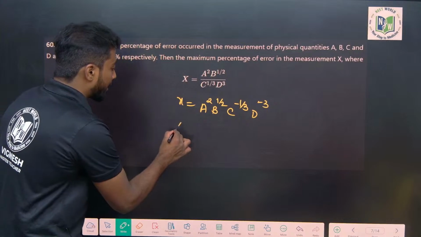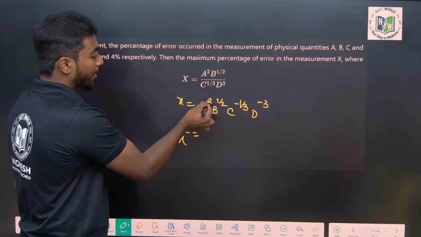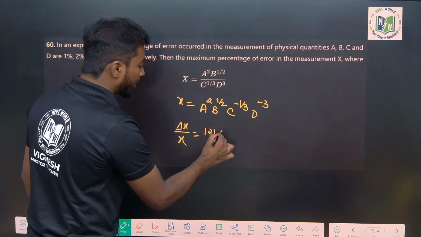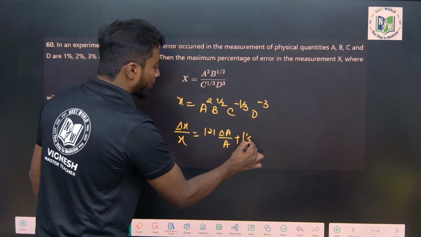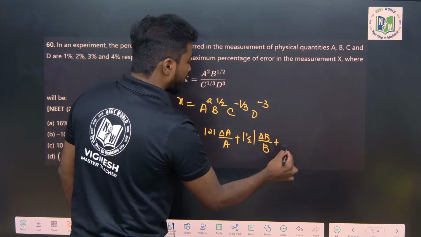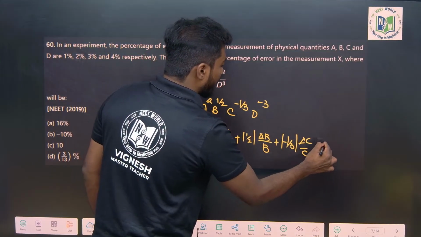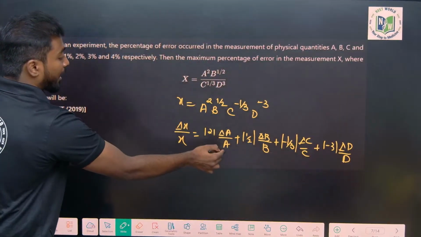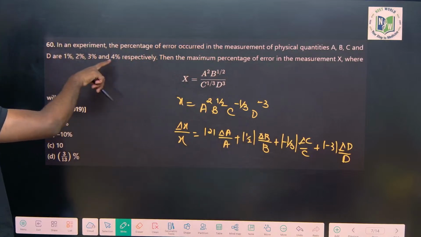Now delta x by x equals, the power is there, no? Keep it in modulus: 2 delta A by A plus, again power 1 by 2 in modulus, delta B by B plus, minus 1 by 3 in modulus, delta C by C plus, minus 3 delta D by D. Now delta A by A, B by B, C by C, D by D have been given as 1, 2, 3, 4.